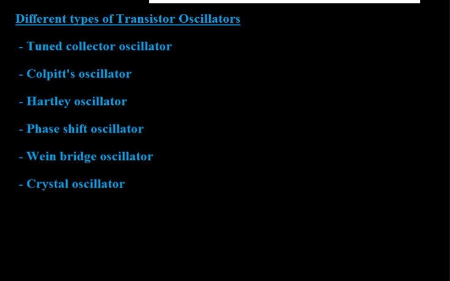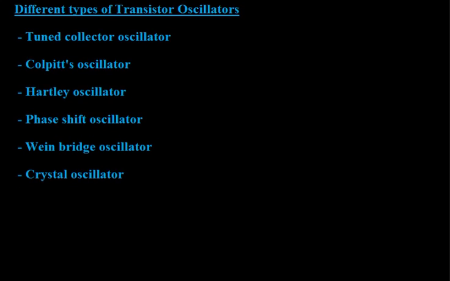Remember that all the oscillators under different names have a similar function, that is, they produce continuous undamped output. However, the major difference between these oscillators lies in the method by which the energy is supplied to the tank circuit to meet the losses. That means the method of providing the energy to the tank circuit will be different for these different circuits.